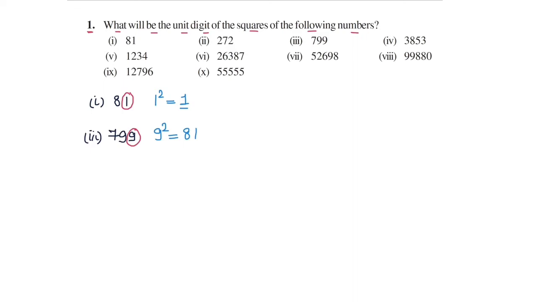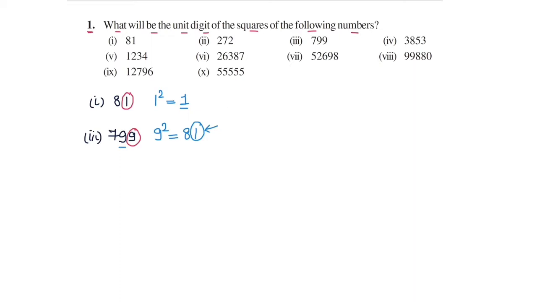As you can see, 81 has both unit and tens place, but we need only the unit digit. So 1 will be your answer. Clear what to do? In this way we will find the unit digit of the squares. Isn't it so easy? You just need to find the square of the unit digit, and in the result you will get the unit digit of the square of that number.